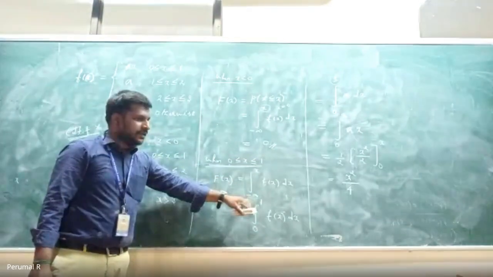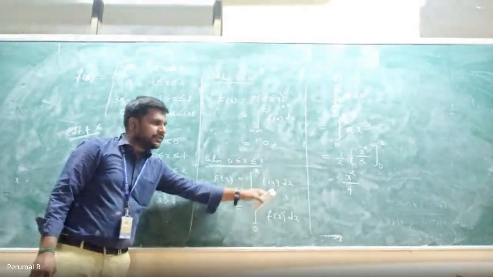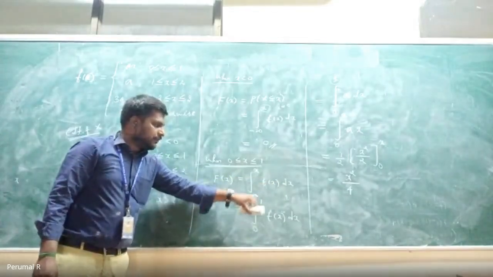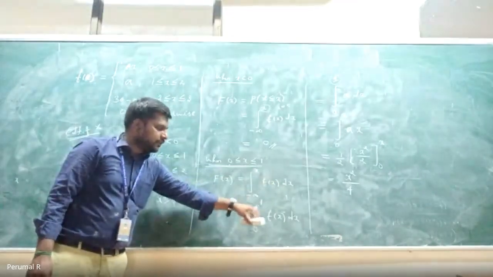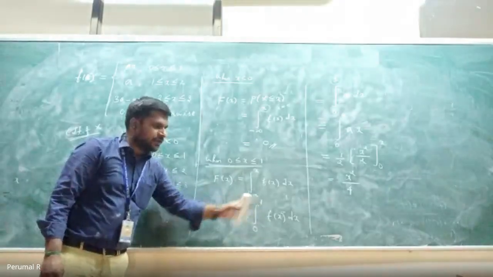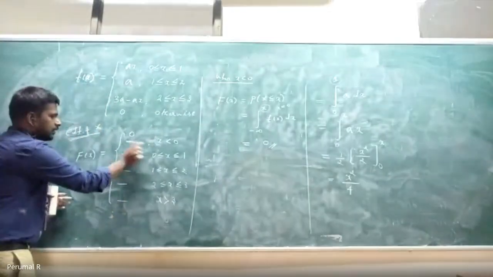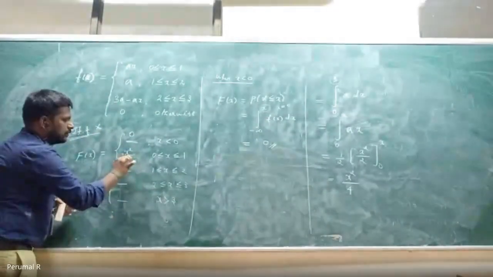So this can be split into minus infinity to 0, 0 to 1 and 1 to infinity. The function is valid only from 0 to 1, that's why I consider the interval 0 to 1. Similarly we have to do that for the second case, so here you are getting X squared by 4.